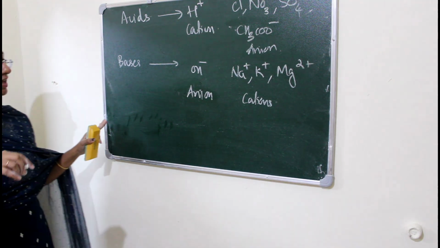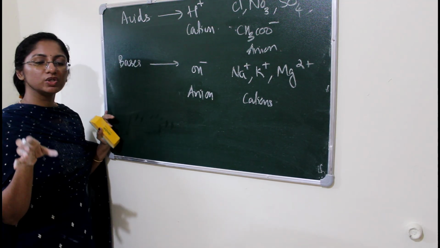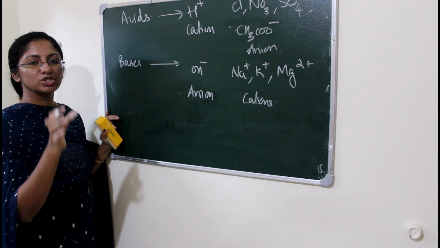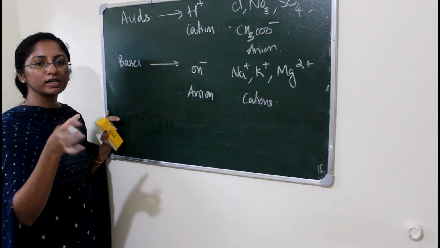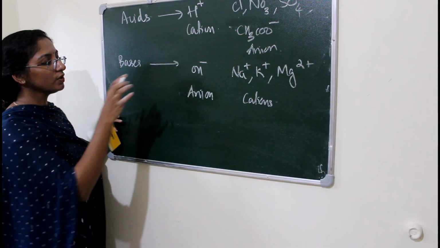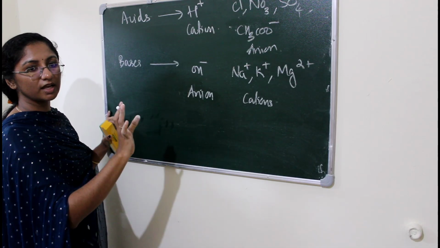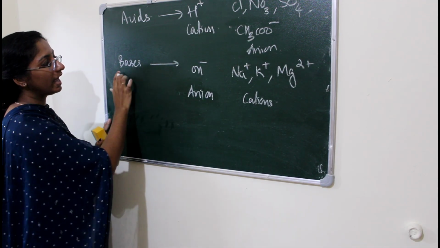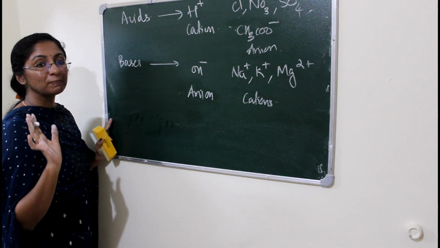Okay, so in the previous class we dealt with the neutralization reaction, right? So what is a neutralization reaction? A reaction between acids and bases, right? When acid and base react with each other, we get salt and water as the products. So after these reactions, we can say that in acid H plus is the common cation, and in bases OH minus ion is the common anion.